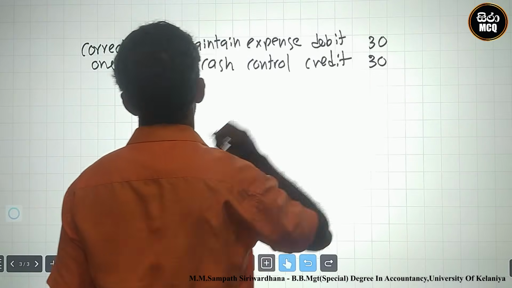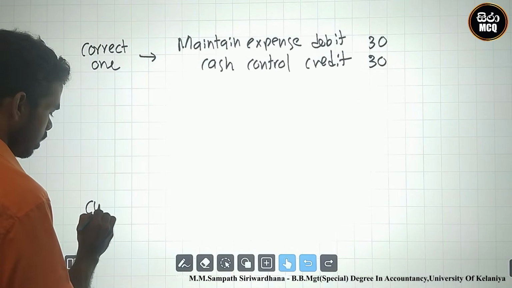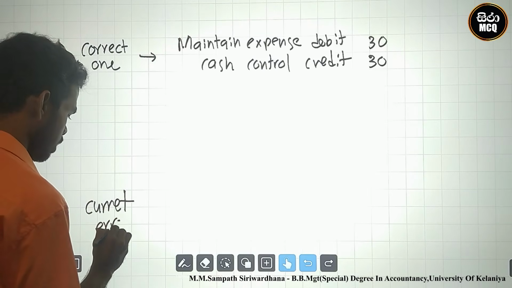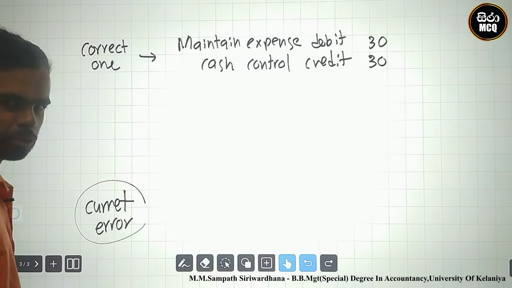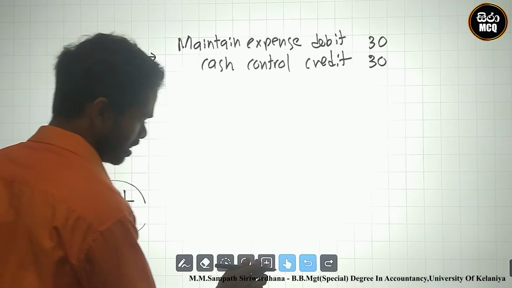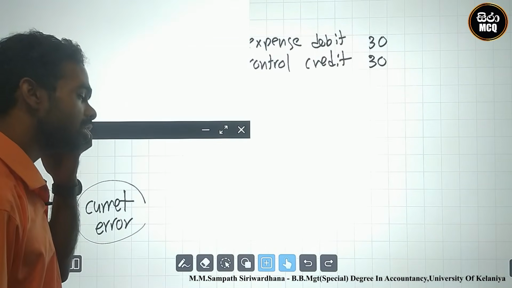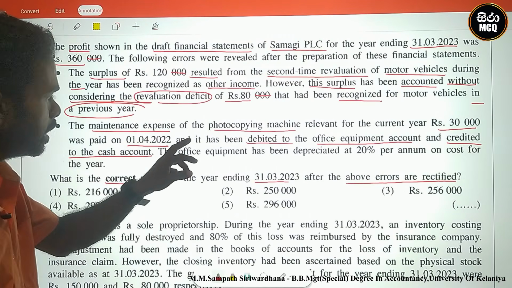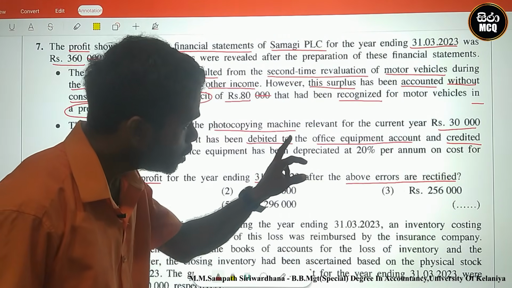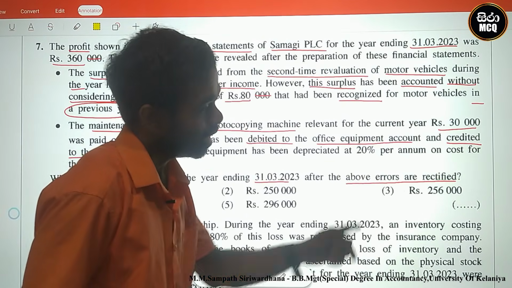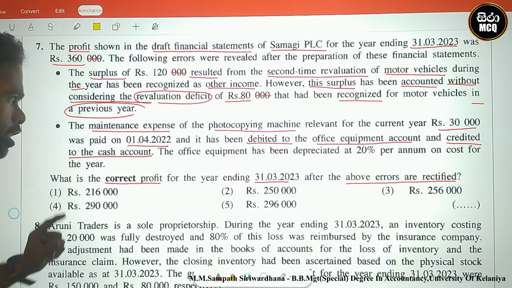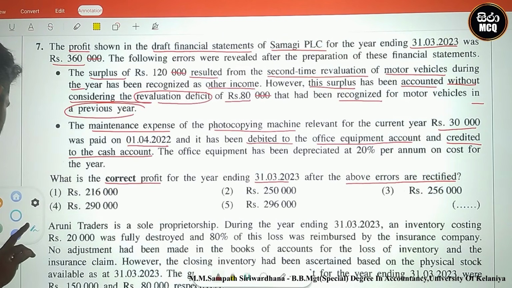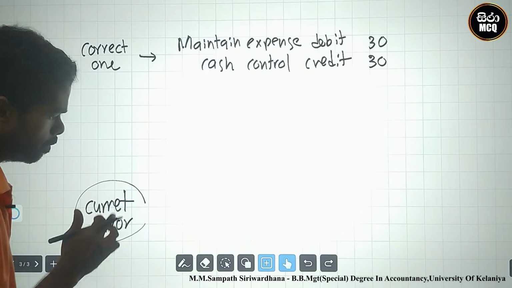What is the current situation? Current situation is error. What is the error? They said that it has been debited to office equipment and credited to cash account. Debited to office equipment account. Okay, there's no change of value.